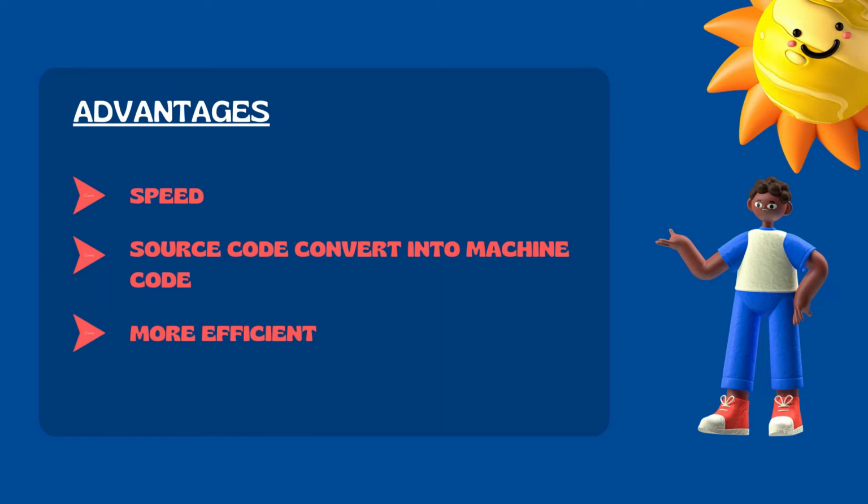As compiled languages are converted directly into the machine code, they tend to be better tied with the underlying platform or the machine, and thus we can have more control over hardware aspects like memory management and CPU usage.